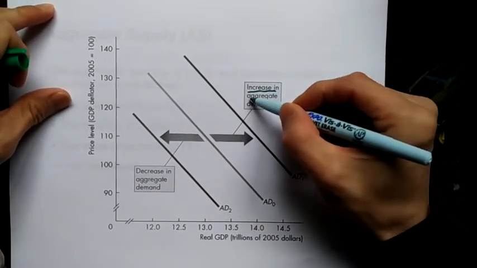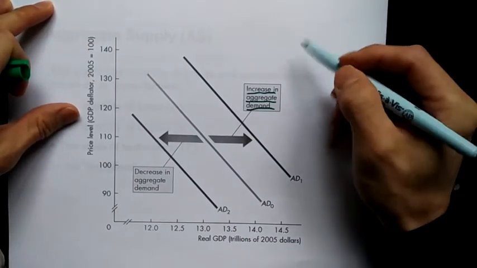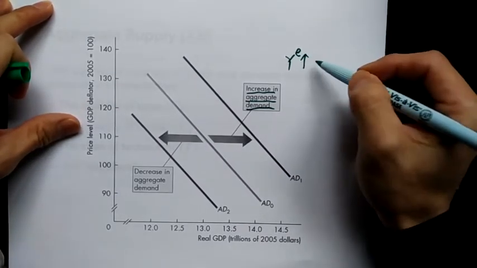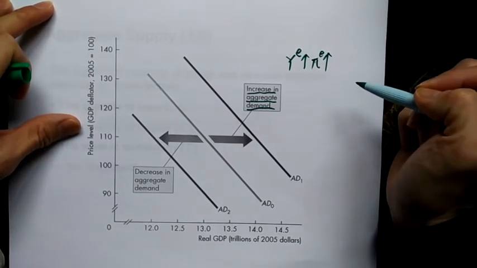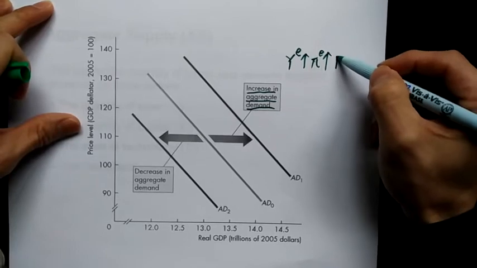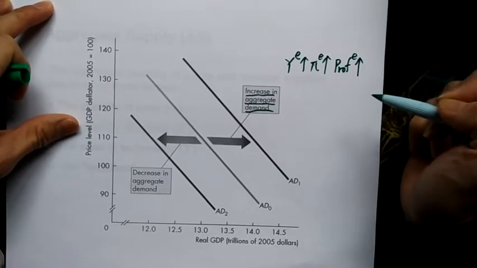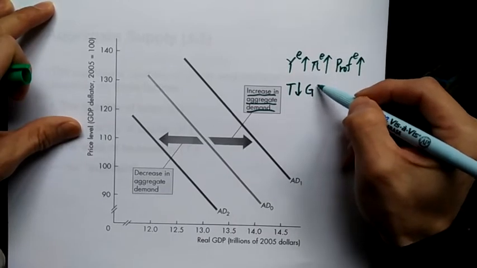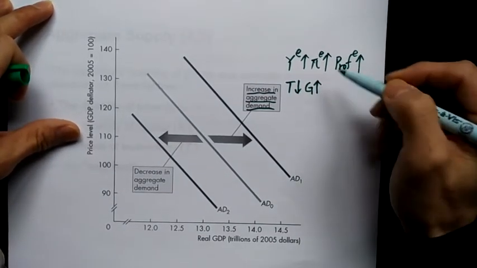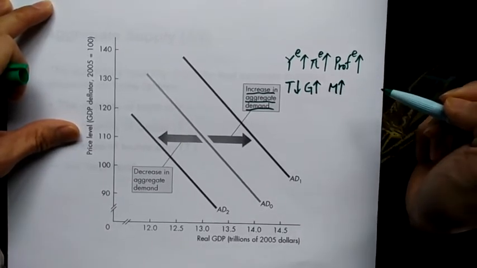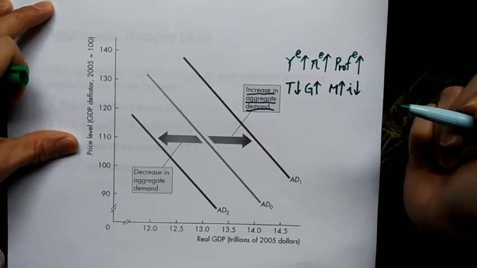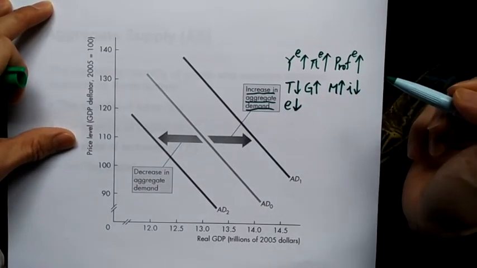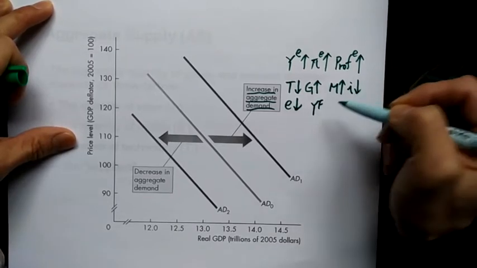So, what will increase aggregate demand? Expected income, expected inflation, expected profits, tax cut, increase in government expenditure, increase in money supply, decrease in interest rates, depreciation of the dollar, increase in foreign income.